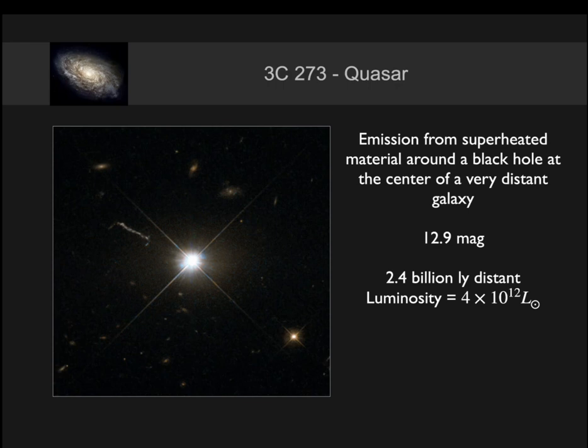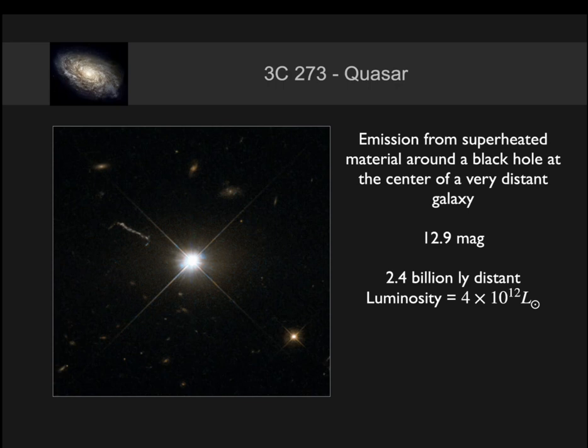So this is an example of an active galaxy. A quasar is a galaxy that has a supermassive black hole at the center. Material is spiraling into the black hole and sending off this incredibly intensely bright jet of radiation beaming out from that black hole. So the luminosity of this quasar is about 4 trillion times the luminosity of our sun.